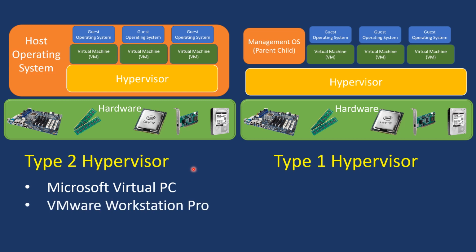But the famous one is from VMware, VMware Workstation Pro. This is from the VMware company. So VMware Workstation Pro is a type 2 hypervisor.